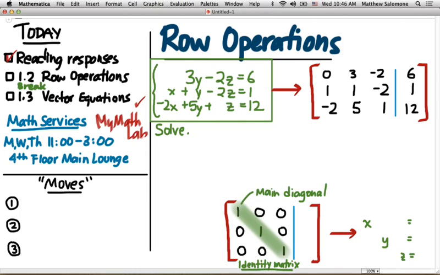Whether you employed substitution or elimination yesterday, as soon as you found the value of one of your variables, you could then plug it back in to get the values of the others. And that process of what we call back substitution is also something that we can use in the solutions of these equations. So what that means for us is we don't always have to go all the way this far to find the solutions, if the solutions are all we care about.